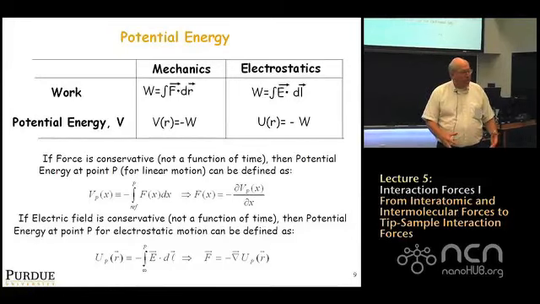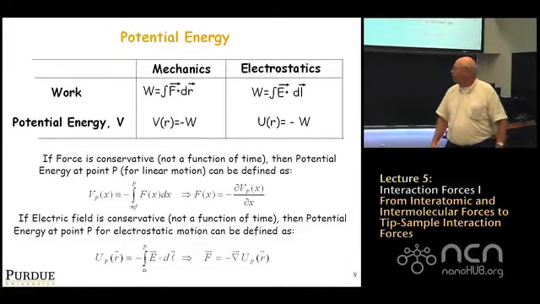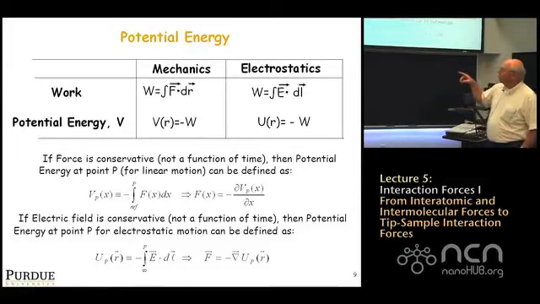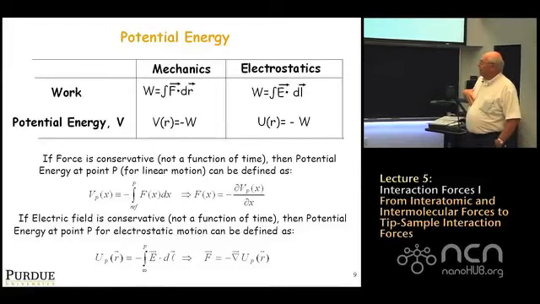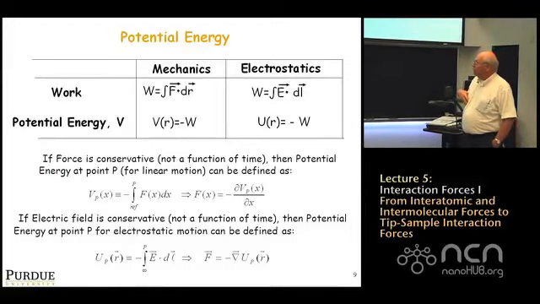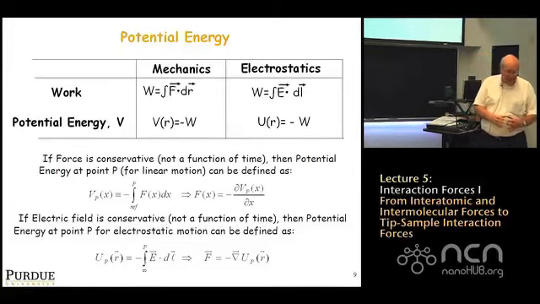In the process of doing work on an object, you can also say that you change the mechanical potential energy of that object. How the potential energy is related to the work is simply, by definition, a minus sign. If you calculate the work done and take the negative value of that, that's the potential energy the mechanical system has after you've exerted a certain amount of work on it.